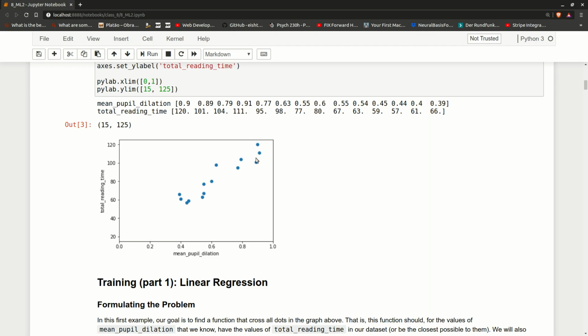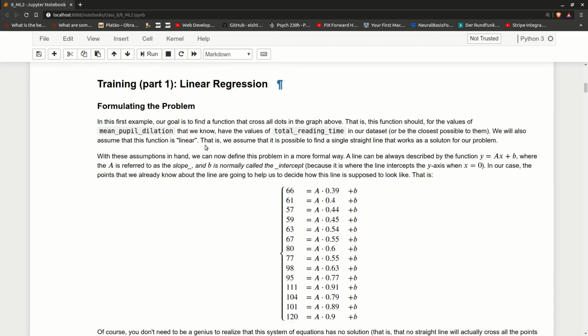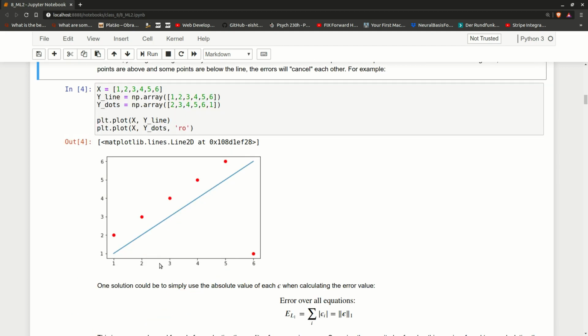And this distance here, between the line and this point, which is below the line, would be a negative error. So if I sum, the points that are below may compensate the points that are above the line. This is exemplified in this example here.